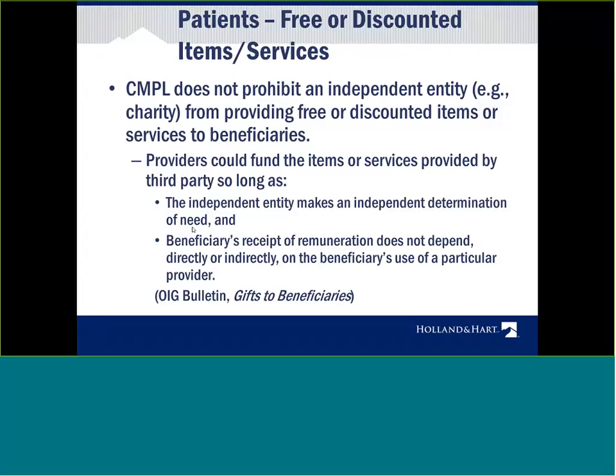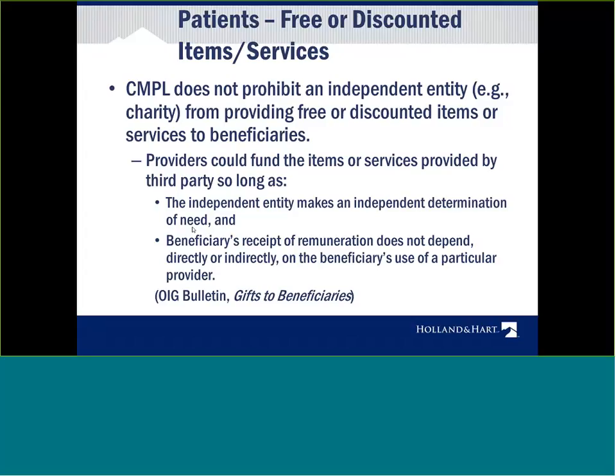But again, keep in mind that you'd want to make sure that the independent entity is the one making the determination of need, and the beneficiary receiving that remuneration, whatever the item or service may be, is not dependent or tied in any way to the beneficiary of that remuneration using a specific provider.